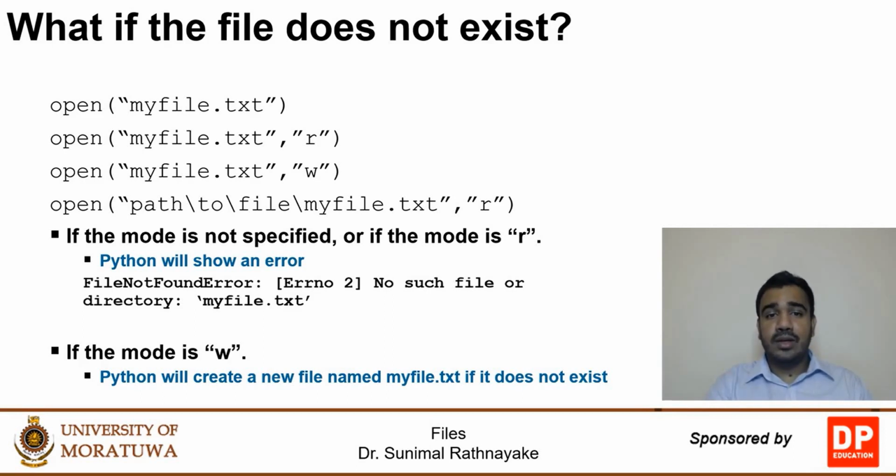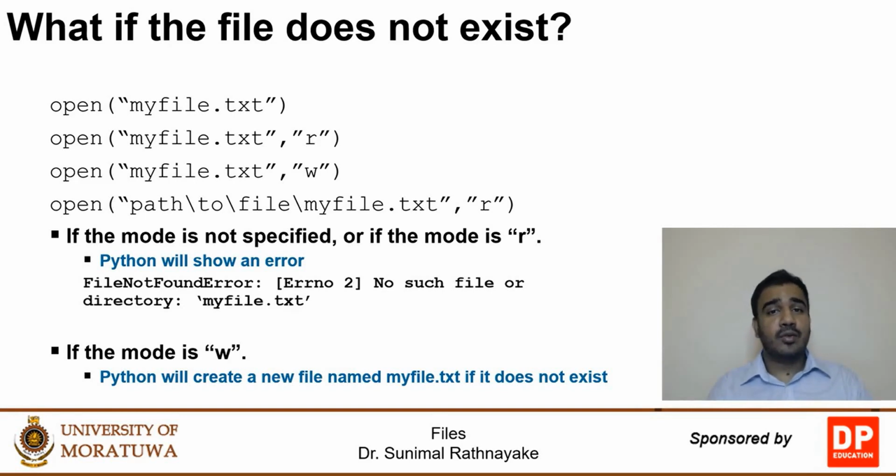This will only work if the file is located in the current working directory. If we want to open a file which is located at a location different from our working directory, we should give the full file path as the file name, as shown in line 4 of the example shown in the current slide.